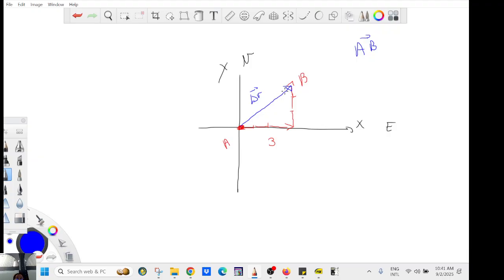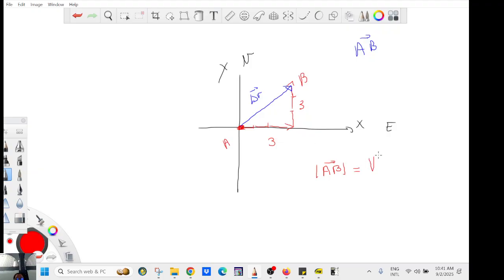And then how do we find the magnitude? We're going to use Pythagorean theorem. Do you agree? So the notation will be magnitude. So I'm going to use absolute value to make sure there is no negative. So that will be square root of what? Oh, my eyes.